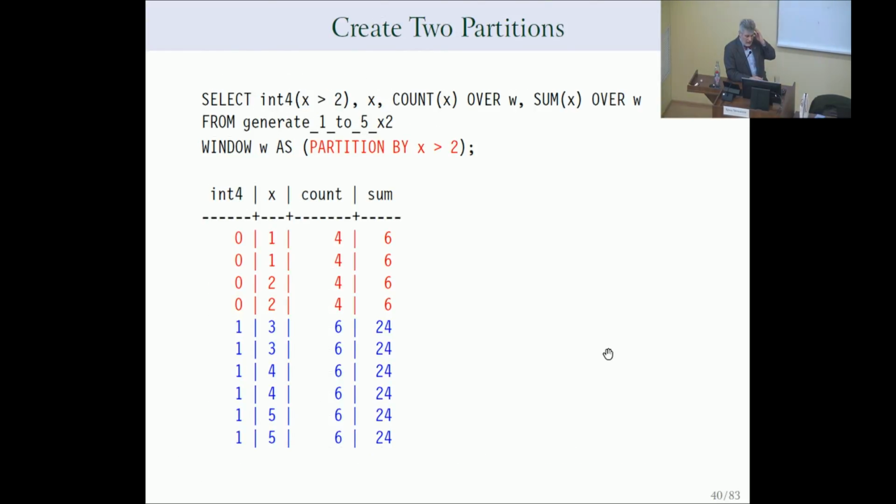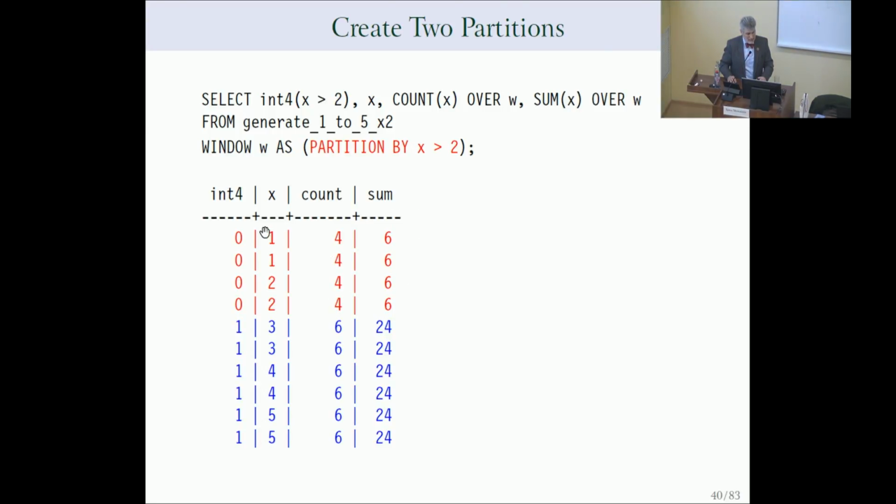Here's an example that uses a partition of X greater than 2. What this means is that the red rows are part of one partition and the blue rows are part of another partition. Okay? So as you can see, this row set right here, because we're not using an order by, it's basically going to consume all of the rows.